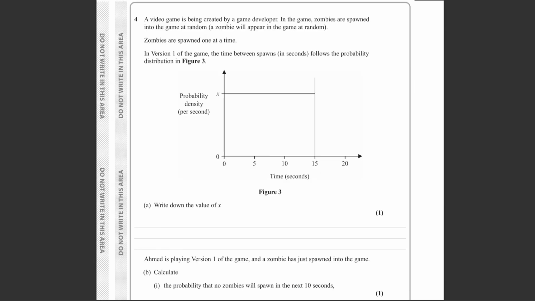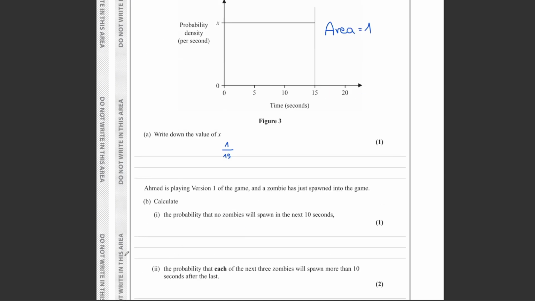Question 4, we need to find the probability density, and we know that the area under the graph should be 1. We have 15 on one axis, so the other one must be 1 over 15. In question B, we need to find the probability that no zombies will spawn in the next 10 seconds.